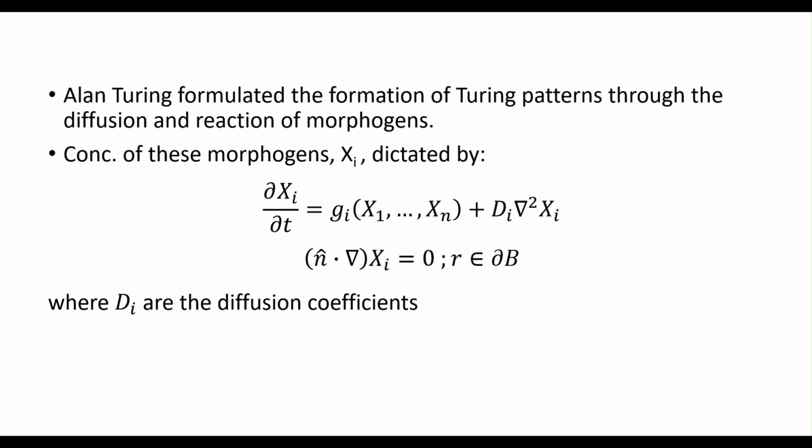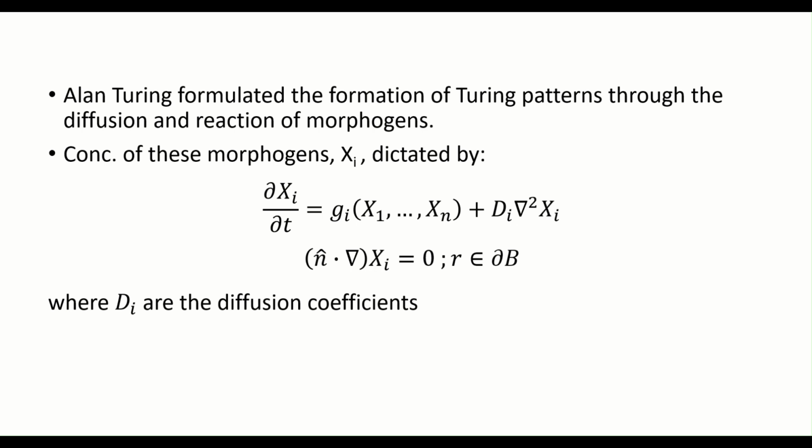So if the deviations are xi for each of the n morphogens, then the diffusion equations are basically the LHS being the time change for each of the deviations, and the RHS having two terms.